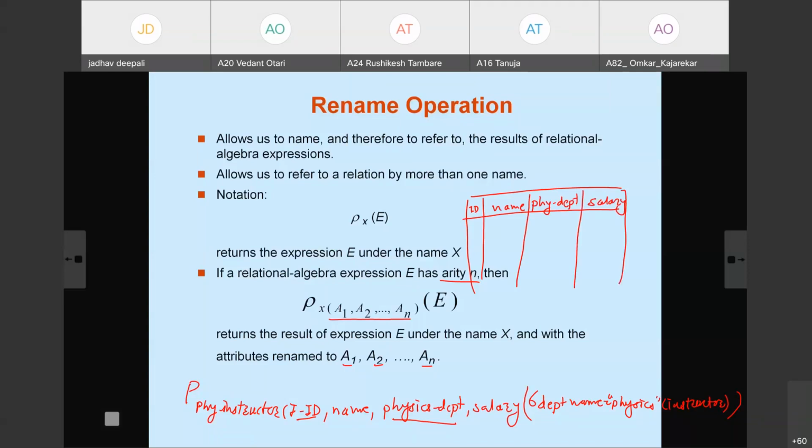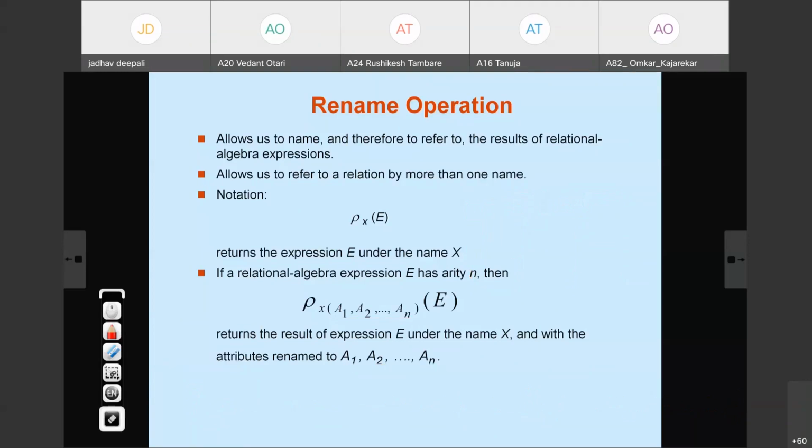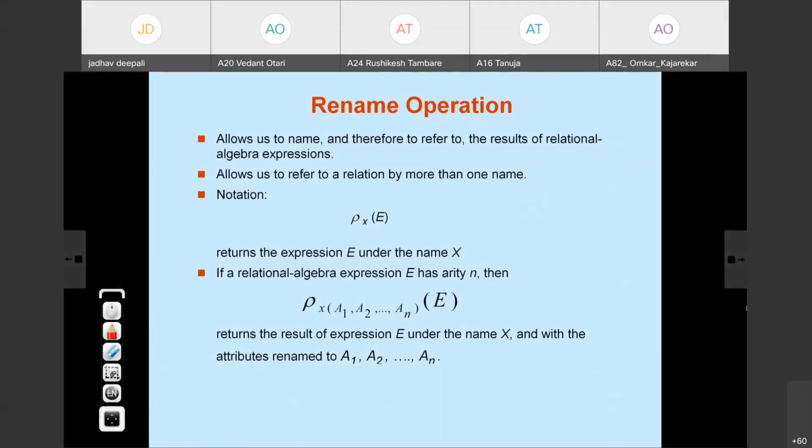This means we changed the attribute name. The resulting relation is never stored in the database. It is only calculated; the query is only executed and the values are available as a result, but not stored in the database. That is about the rename operation.